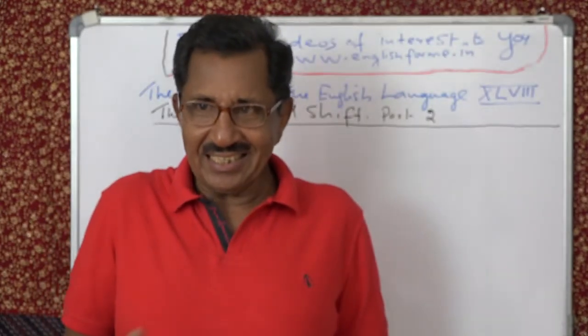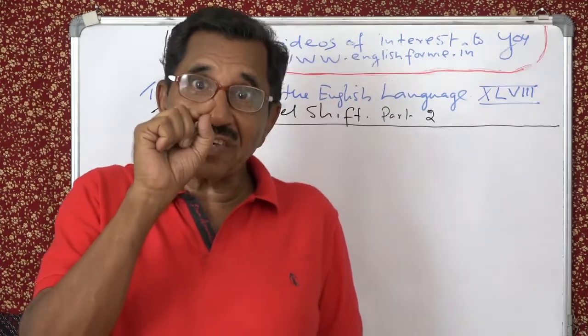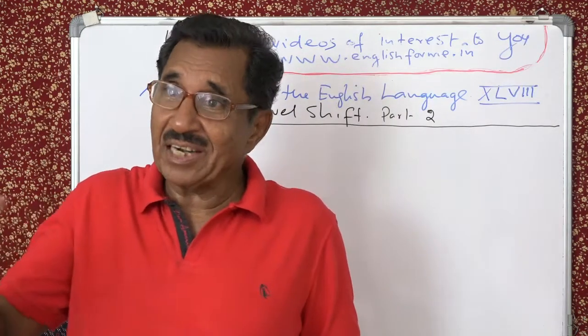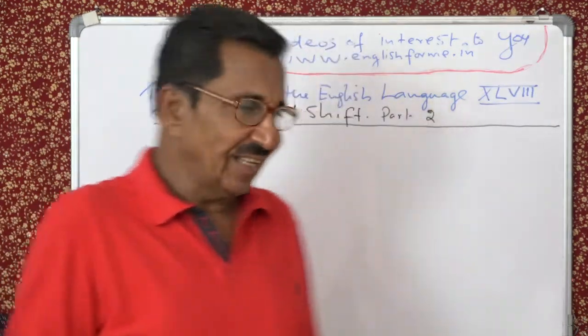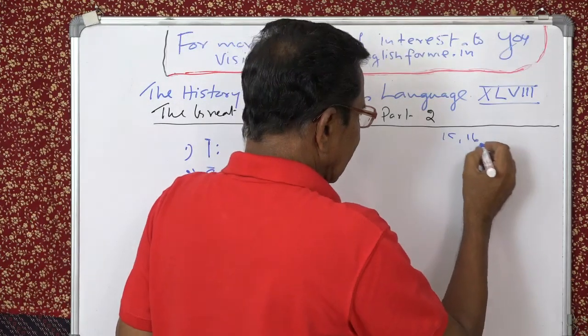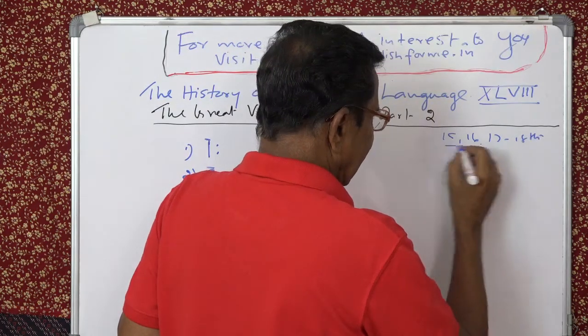Gradually, the changes began to appear sometime in the 15th century, and continued through the 17th and the middle of the 18th century. So you can see the time: 15th, 16th, 17th, 18th, middle of 18th.